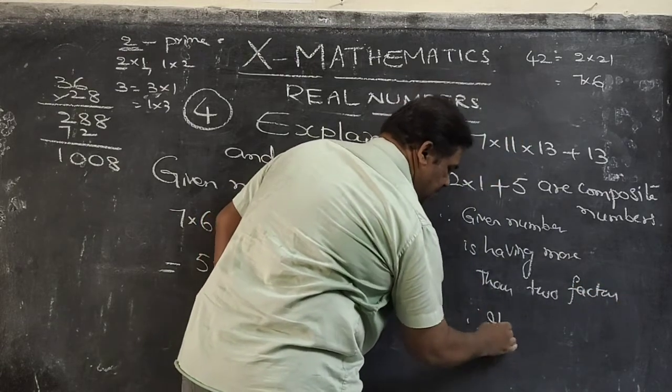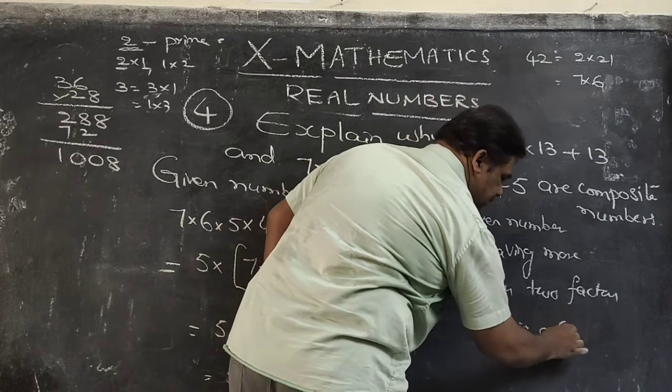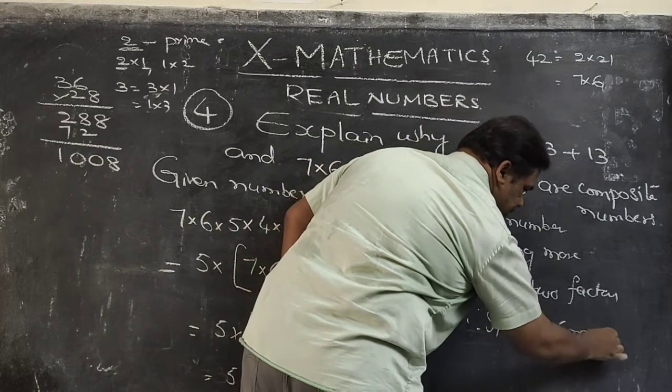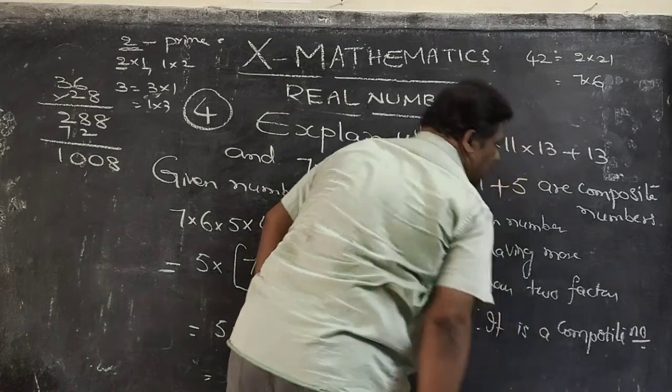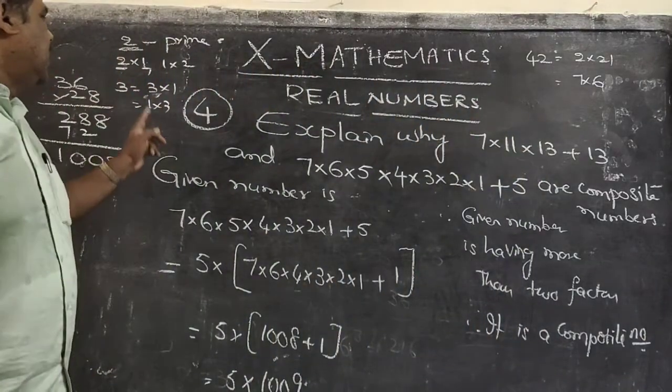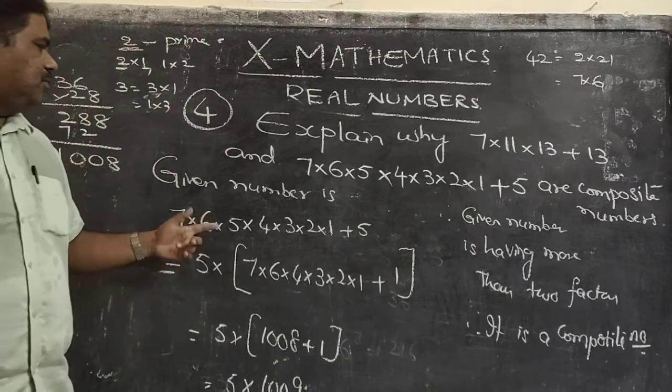Therefore, it is a composite number. If a number has more than 2 factors, it is called composite number.